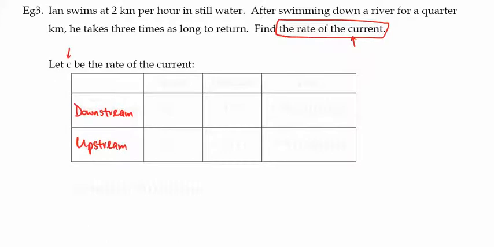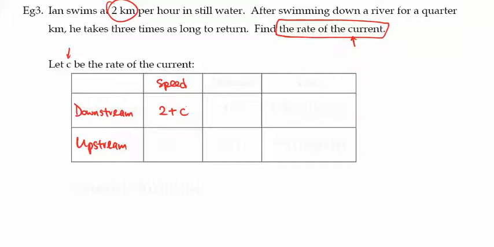When you are swimming downstream, are you swimming with the current or against the current? With the current. So, using the speed given to us, and Ian is swimming down the river, for now, his swimming speed would then be 2 plus c.